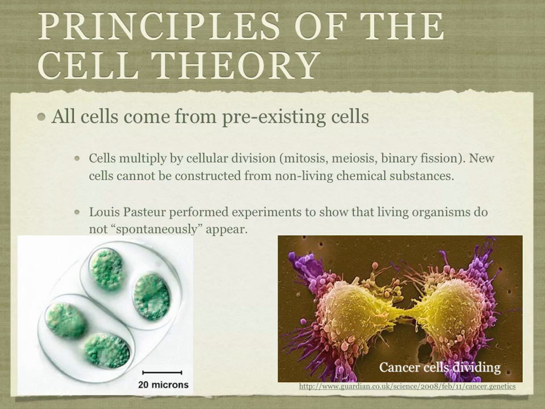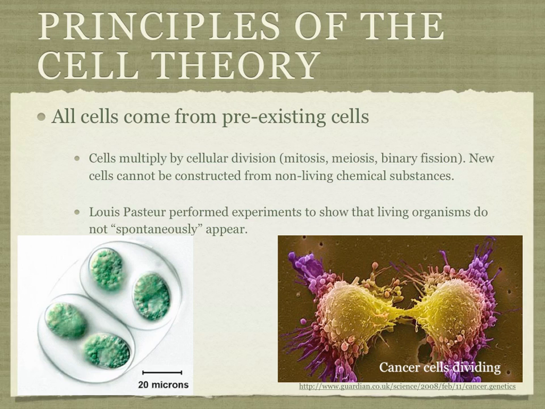The third of the principles of the cell theory is that all cells come from pre-existing cells. This means that cells have to multiply by cellular division, mitosis and meiosis in eukaryotic cells, and binary fission in prokaryotic cells like the E. coli bacteria that we just saw. New cells cannot be constructed from non-living chemical substances.